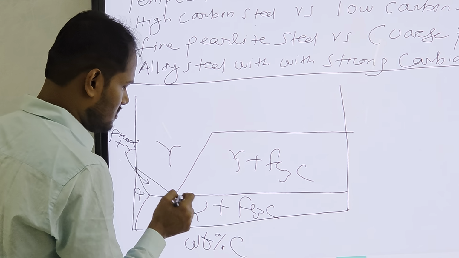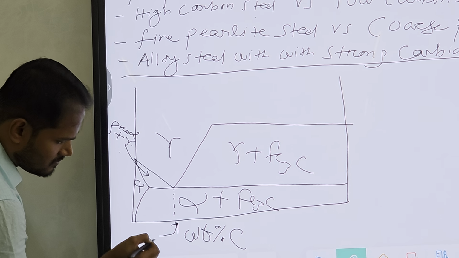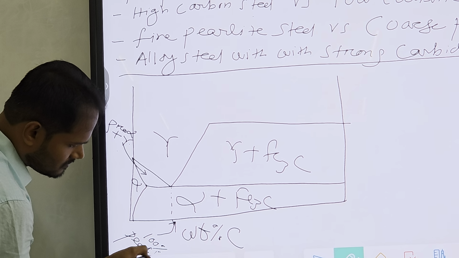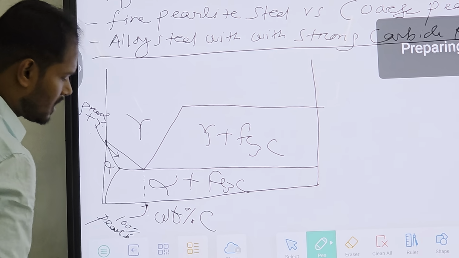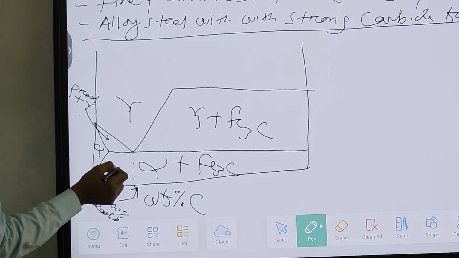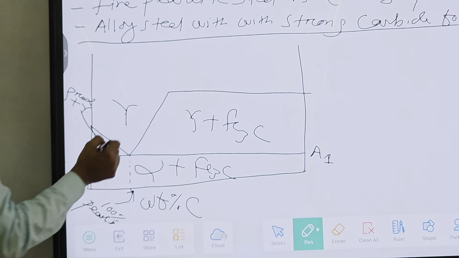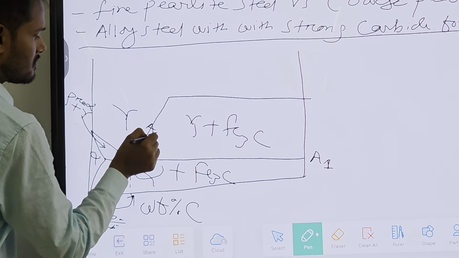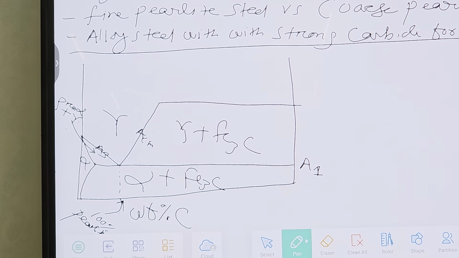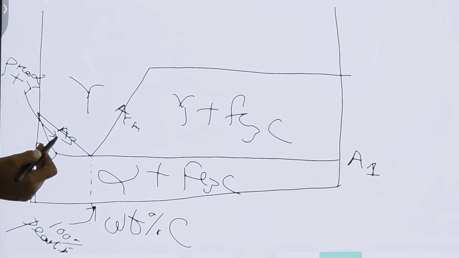If you see basically, this is the pearlite region, and this is A-C-M. So this is pro-eutectoid alpha and gamma.